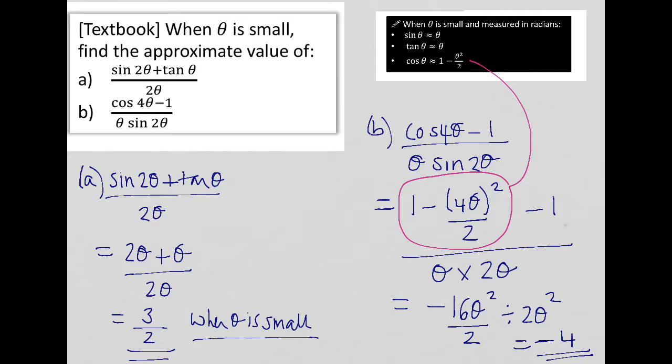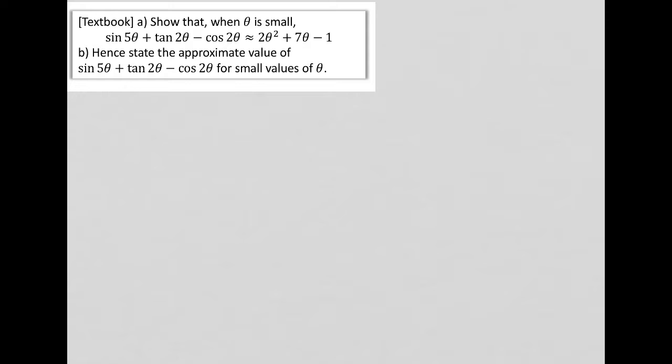So moving on again, the last example we're going to look at is: show that when theta is small, that sine 5 theta plus tan 2 theta subtract cos 2 theta is approximately equal to 2 theta squared, add 7 theta, subtract 1.